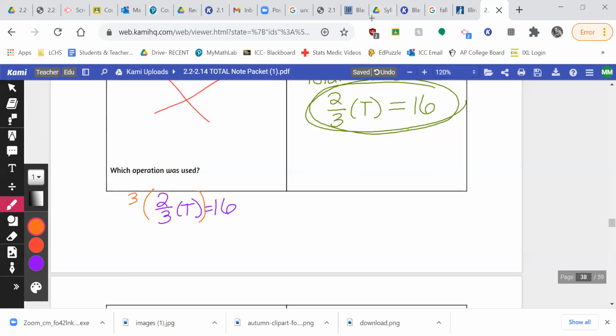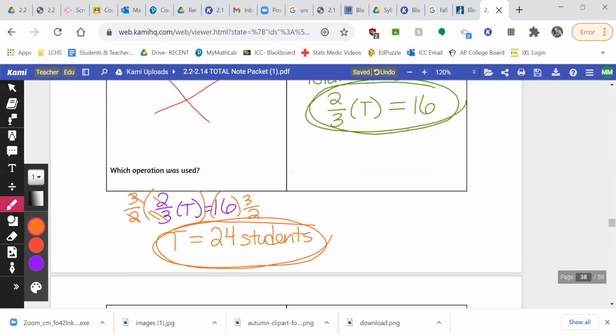So I'm going to multiply both sides by 3/2. Everything cancels out over on the left. And you're just going to take 16 times 3/2. And you would get 24. And make sure that you include your label. So there's a total of 24 students.